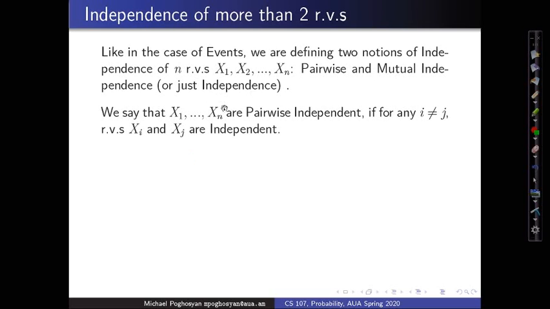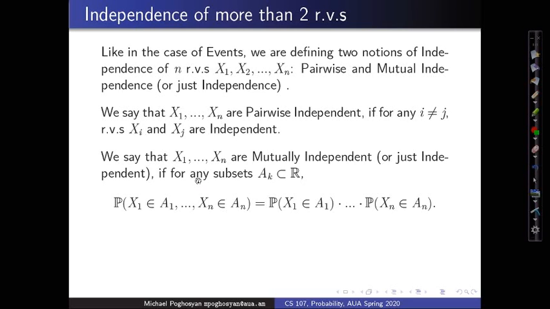We say that random variables x1 to xn are pairwise independent if for any i and j different, xi and xj are independent. So any pair of random variables is independent. And we say that these random variables are mutually independent, or later if we talk about n random variables and say they are independent, we will mean mutual independence.